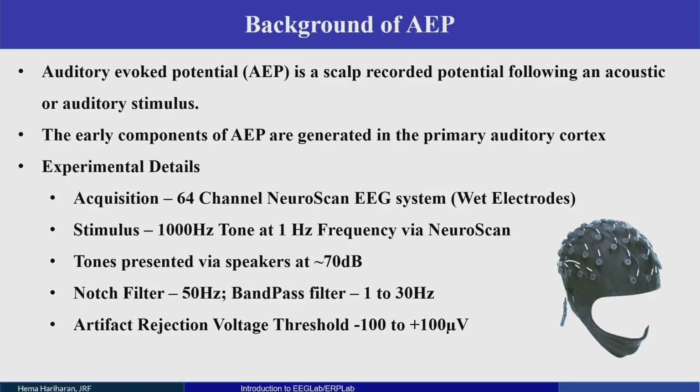The brain has various parts like the frontal, occipital, parietal, etc. The auditory stimulus is first recognized, or first generated, in the auditory cortex, which is exactly above the ears, over the temporal lobe. Over there we get the proper response for the auditory stimulus.